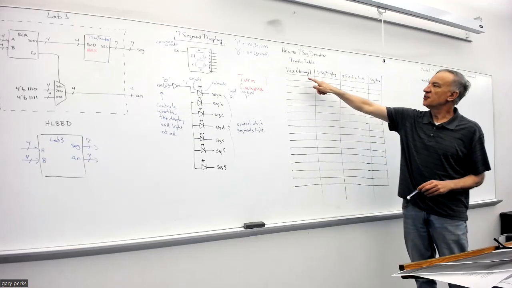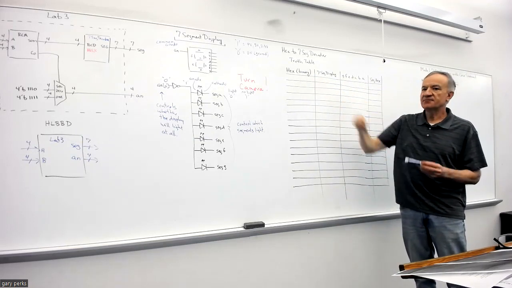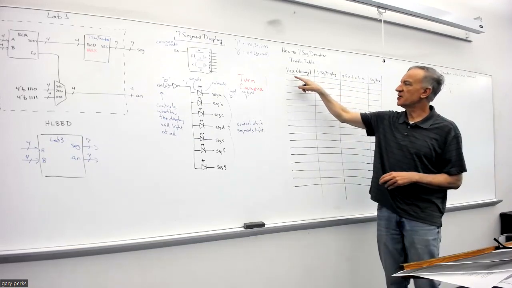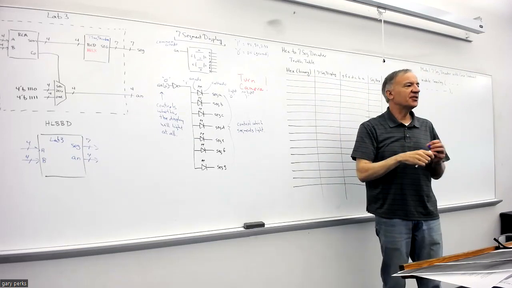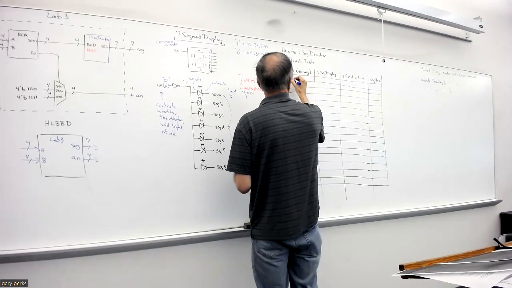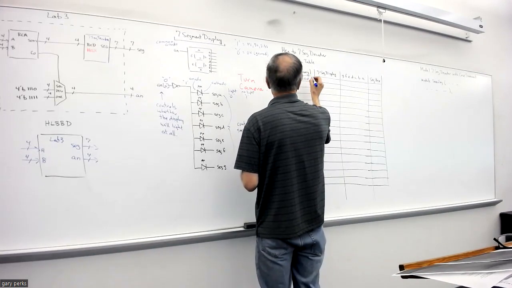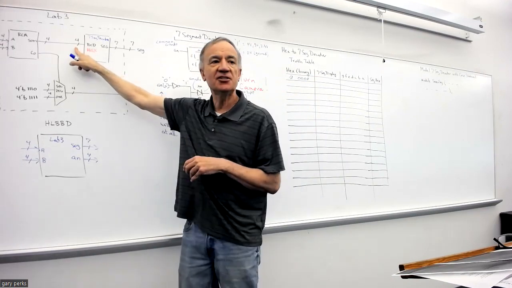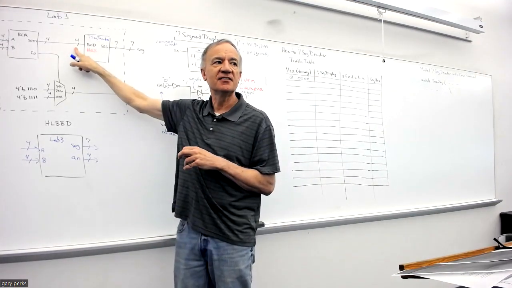So the first column here, I'm going to write the hex character along with the binary. You have your 0 hex character, and of course that's all zeros. I'm writing it as 4 bits because that's what's coming into our decoder from our RCA.